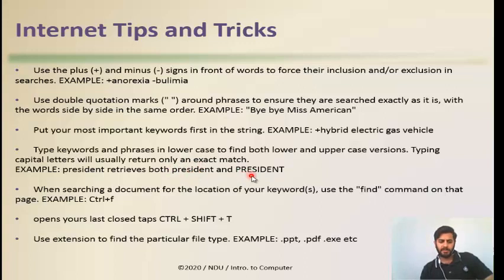Control F is a command used to find anything on web pages in a web browser. So Control F is one shortcut key, and then you have another shortcut key available, Control plus Shift plus T, which is used to open your last closed tabs on a web browser.